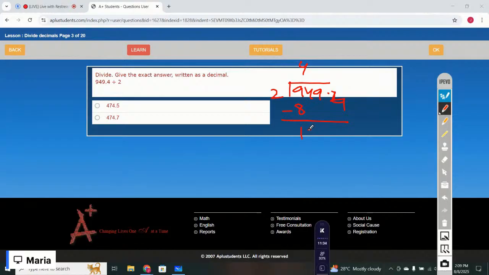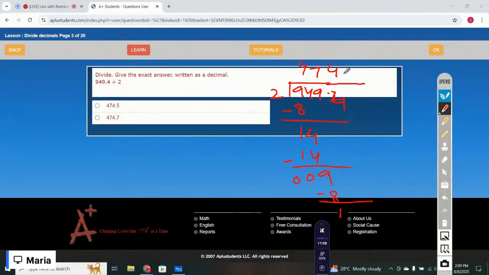Now bring the next digit down, that makes 14. 2 times what number is 14? 2 times 7 is 14. 14 take away 14 is 0. Now bring the next digit down. 2 times what number is 9? 2 times 4 is 8.